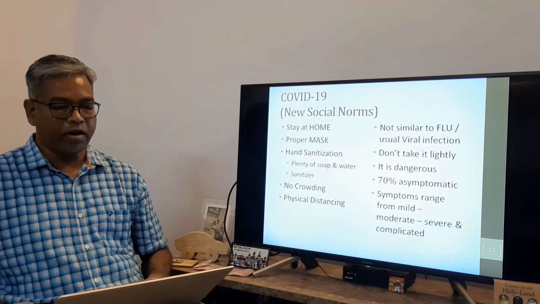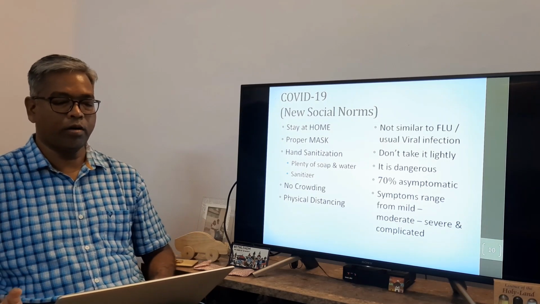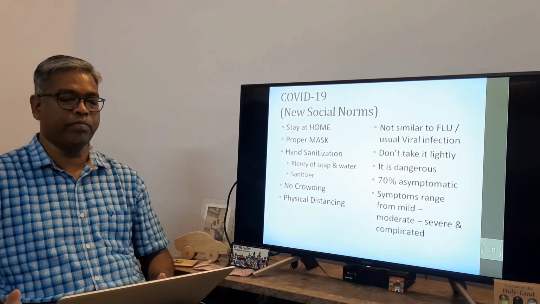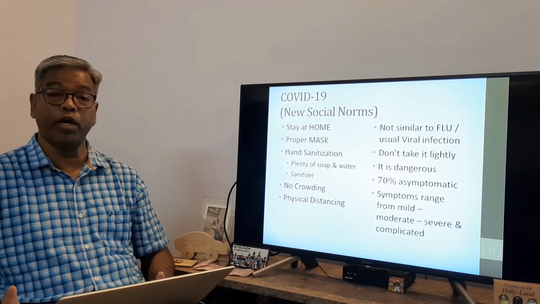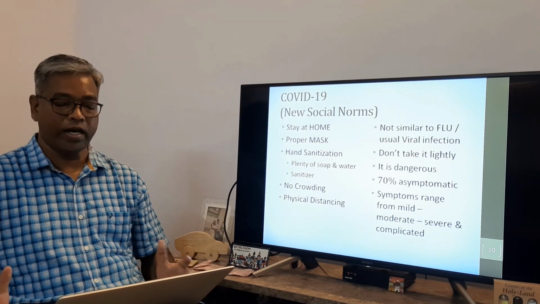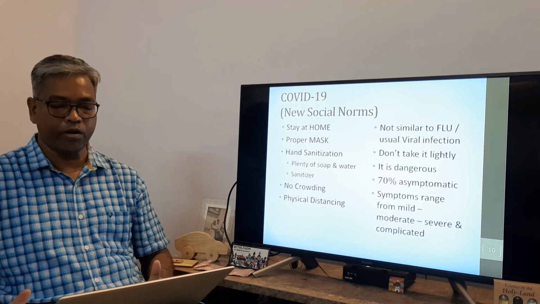And what are the new norms? As I just said, stay at home, proper mask, hand sanitization, plenty of soap and water, sanitizer, no overcrowding, not going into crowds where there are too many people. Physical distancing is very, very important.